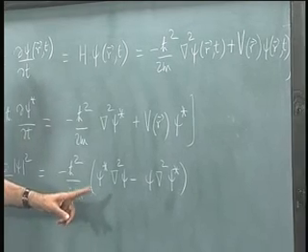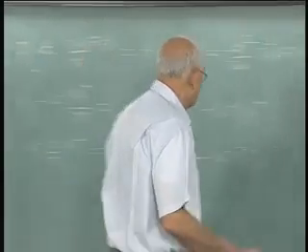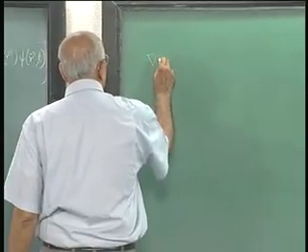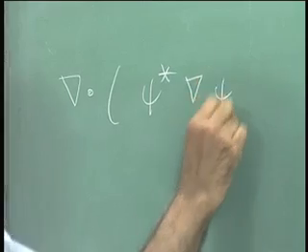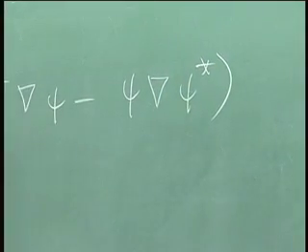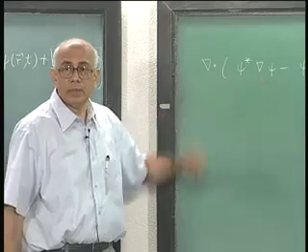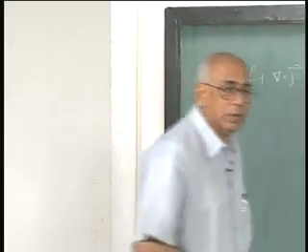But this guy here is like the divergence of a current, because notice that if you took the divergence of psi star grad psi minus psi grad psi star, this is the divergence of a scalar times a vector, and you know there is a formula for the divergence of u times v, where u is a scalar and v is a vector. It is grad u dot v plus u divergence of v.